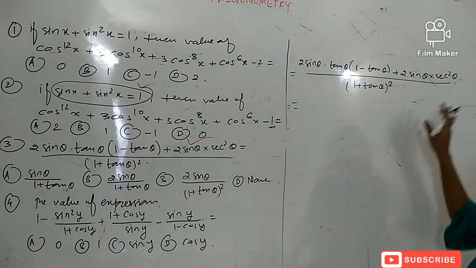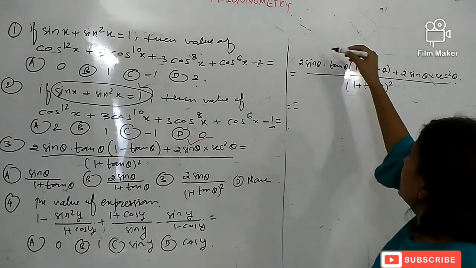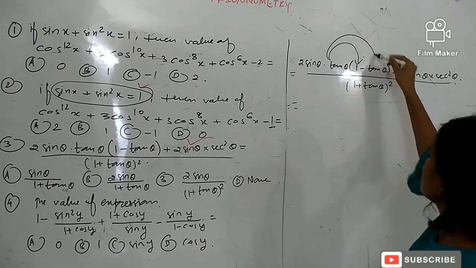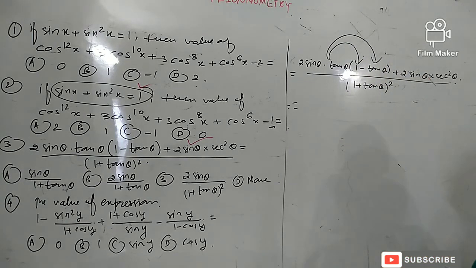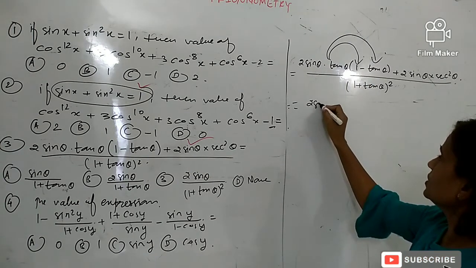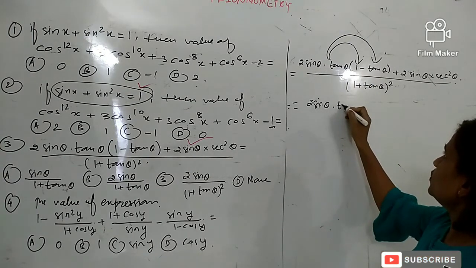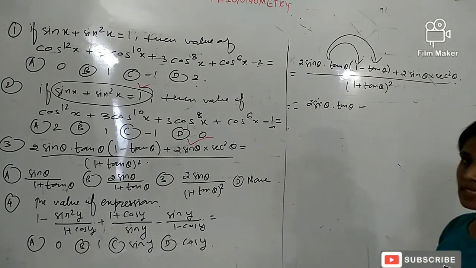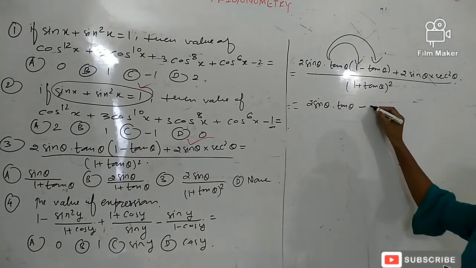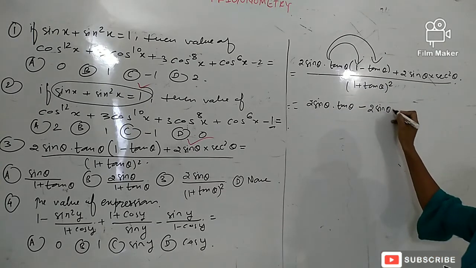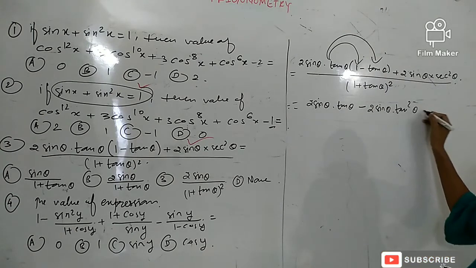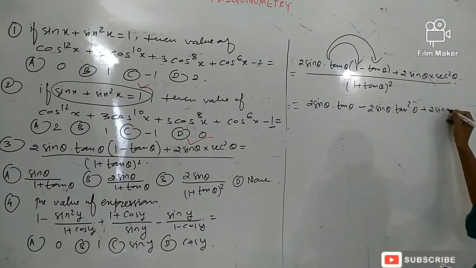So simplify the whole expression. I am multiplying 2 sin theta into tan theta inside this bracket. This is the first term and this is the second term. So 2 sin theta into tan theta into 1 is 2 sin theta tan theta, minus 2 sin theta tan theta into tan theta, which is tan square theta. And plus 2 sin theta.